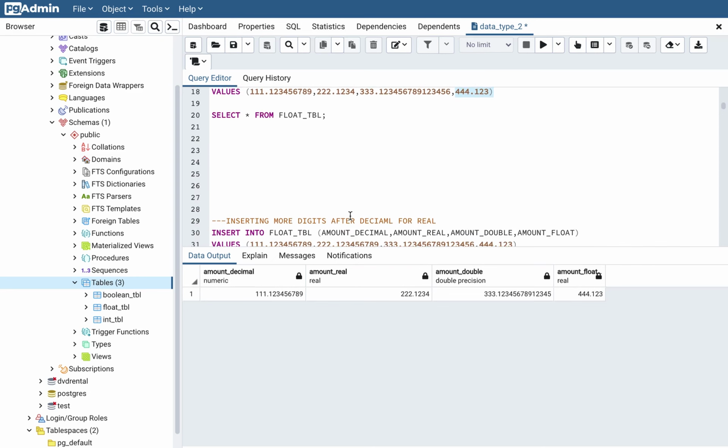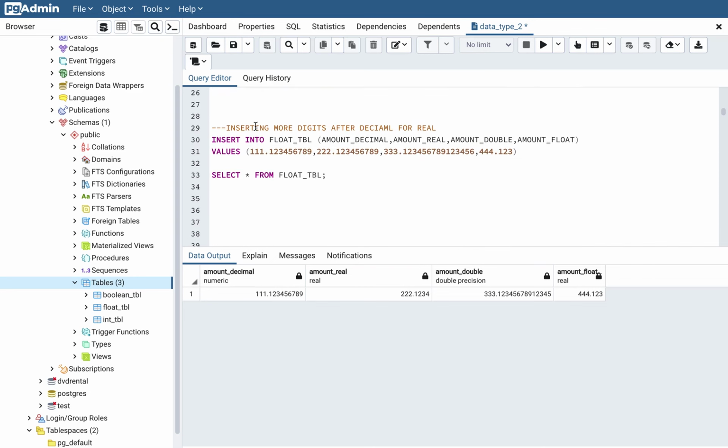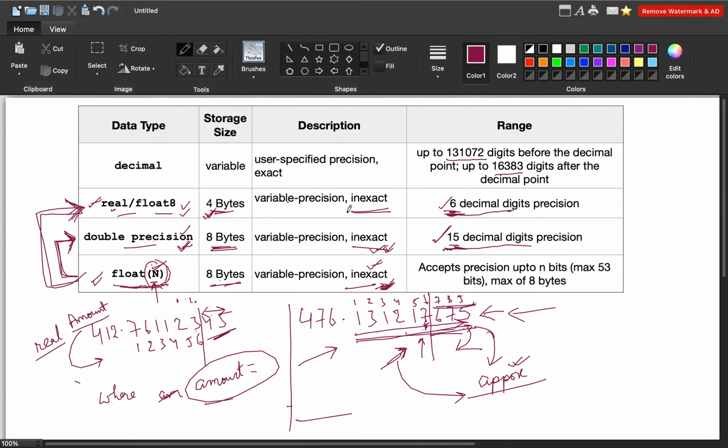Now let us get into another use case. This time I'm trying to insert more digits after the decimal for the real data type. We know that for real or float, the maximum number of digits which you can store after the decimal point is 6.